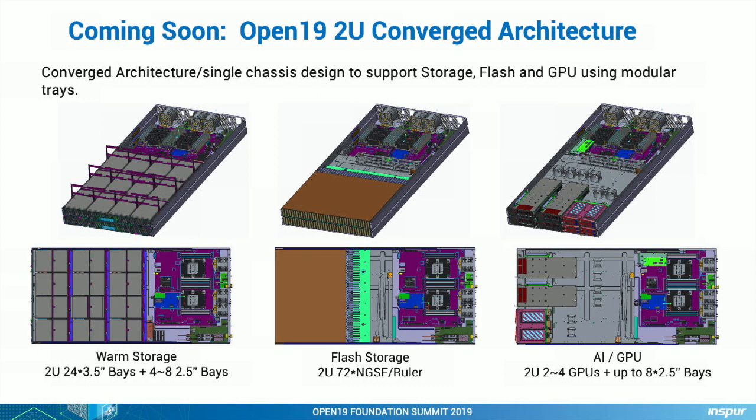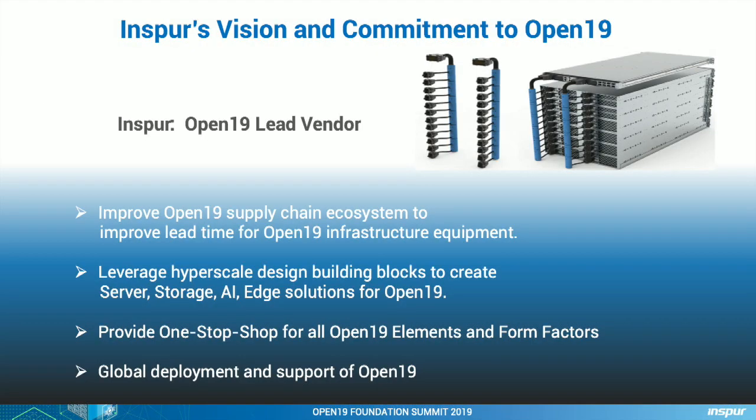So these are some of the things that we can quickly bring to market for Open19, and those products are coming soon. Inspur is able to very quickly bring traditional server building blocks into Open19, bring ODCC and OCP elements into Open19, and deploy very quickly.